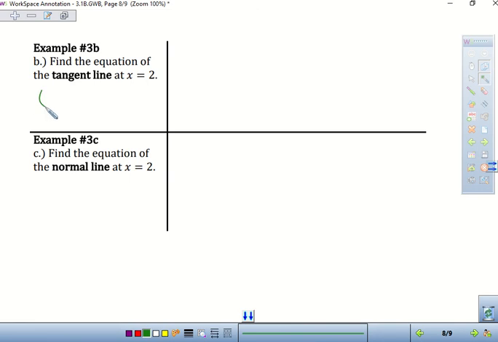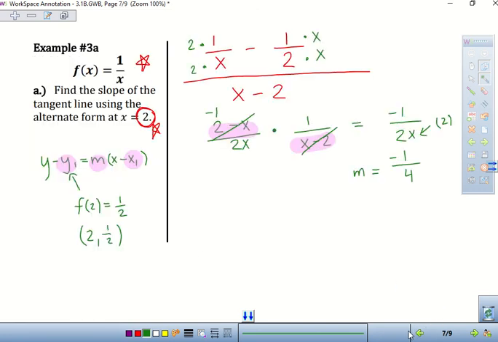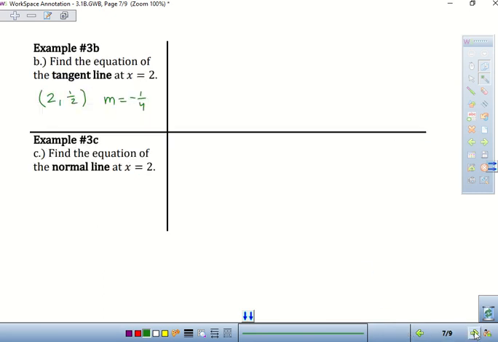We're going to use that information that we just came up with to find the tangent line. Can you go back to the slope? Yeah. So in order to find the tangent line, we're just going to use point slope with the slope. Okay. So the slope I found and the point that we found. So that's just going to be y minus 1/2 equals m times x minus 2.